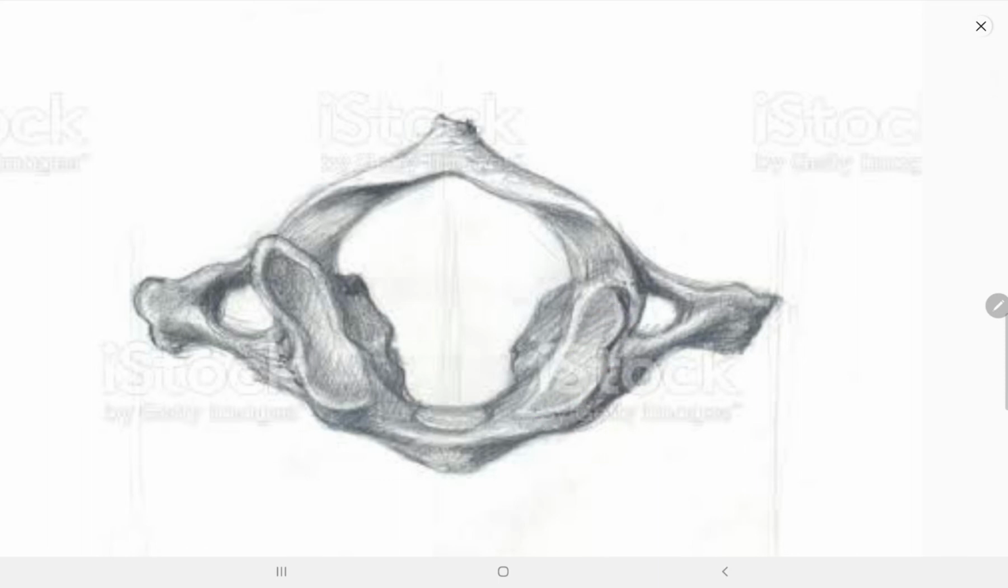When we are talking more about the atlas here, we can see there is an inferior articular facet here, and here a groove for the vertebral artery. Here it is a groove for the vertebral artery, in which the vertebral artery passes through the groove of atlas.